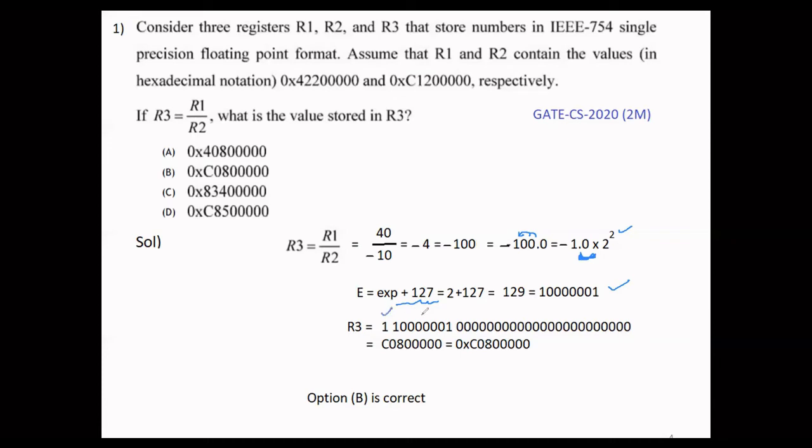This is the sign bit, this is the biased exponent E, and this is the all-zeros 23-bit mantissa. Now convert 4 bits at a time because the given options are hexadecimal values. 1100 is C, then 0000 and so on.